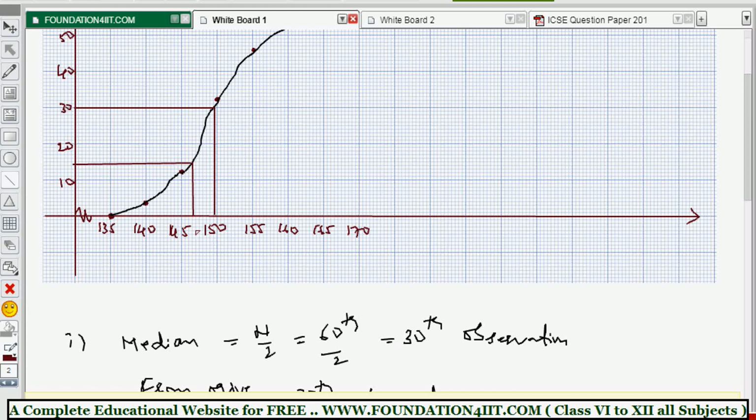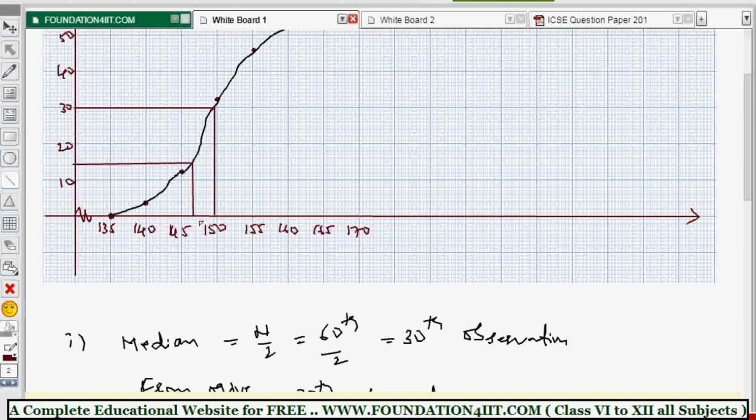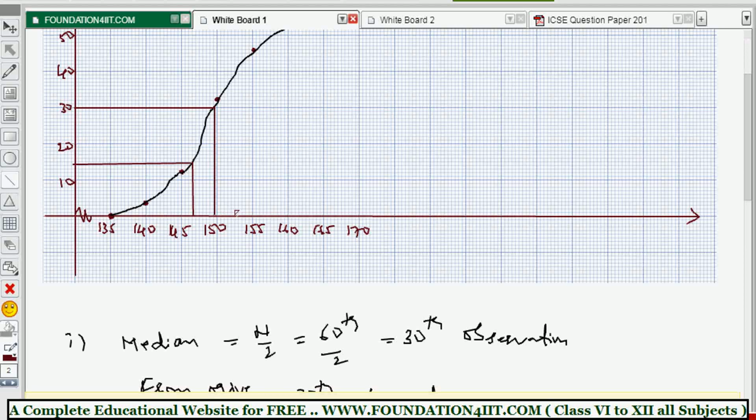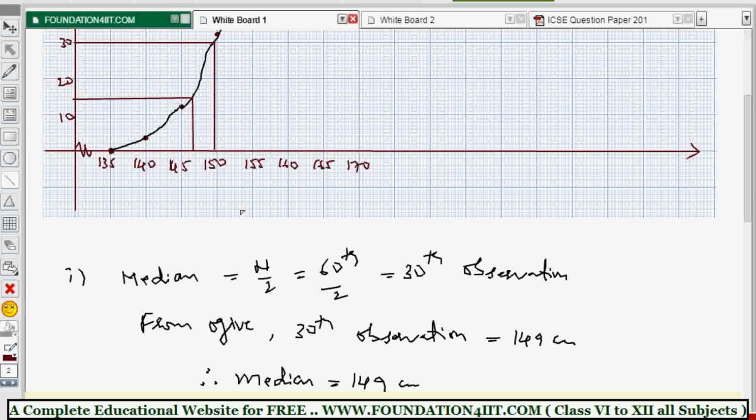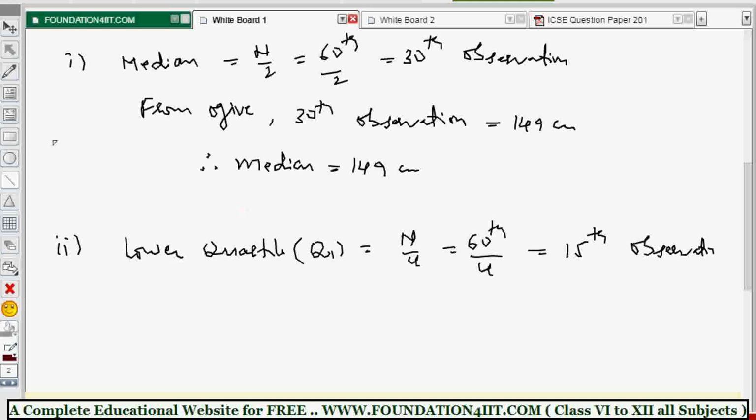So it's approximately 145, 146. So 2 centimeters, 147. So 2 millimeters is 1 point. So 147 it is. Therefore, from the ogive, the lower quartile is equal to 147 centimeters.